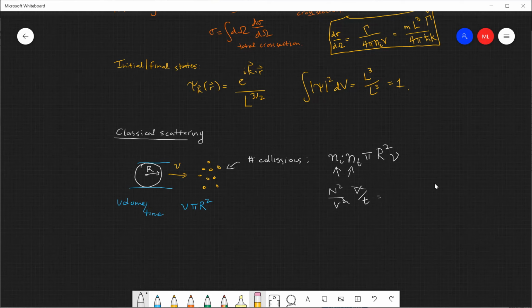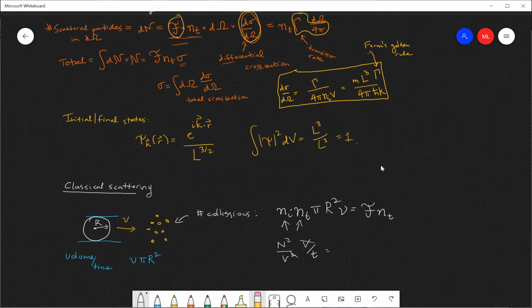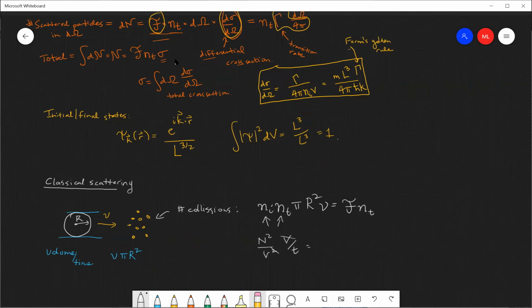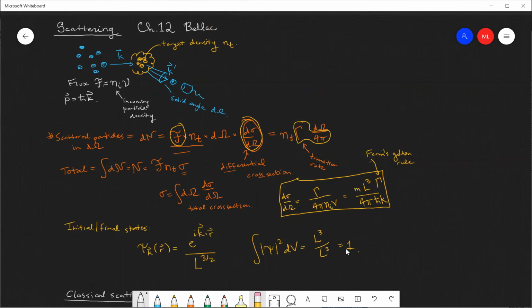By definition, this should be equal to the flux times the target density times sigma, the total cross section. And we can also identify the flux here: the flux is just the incoming particle density times the speed.